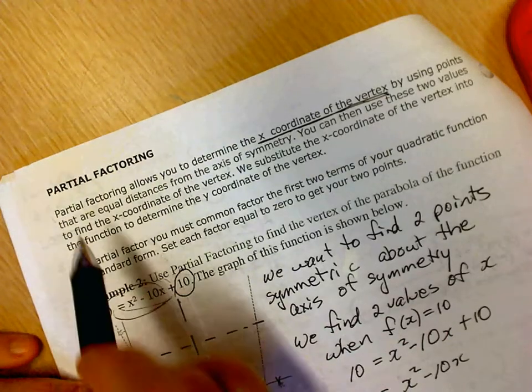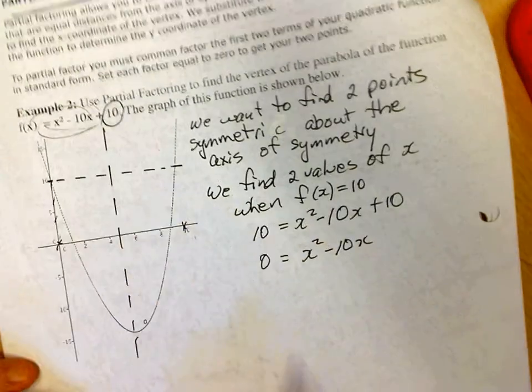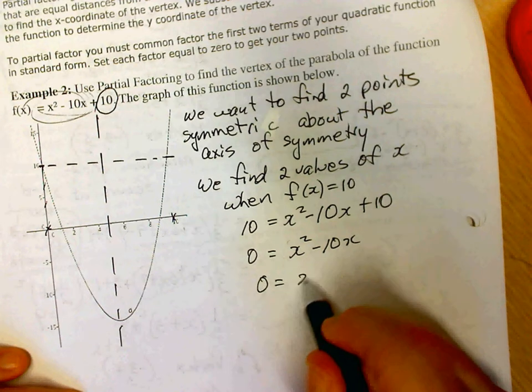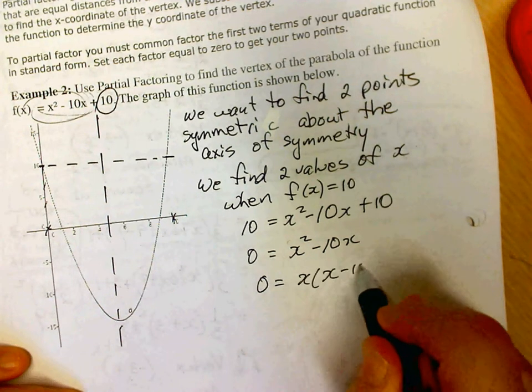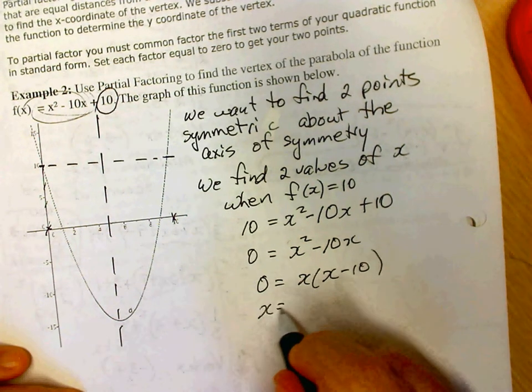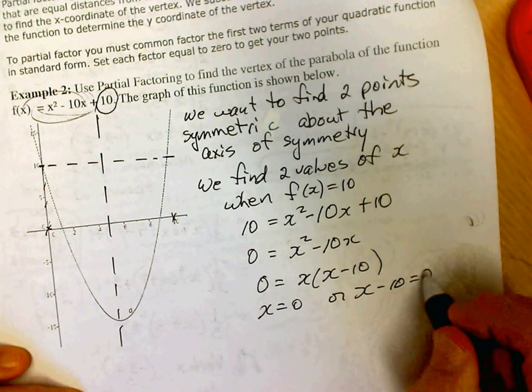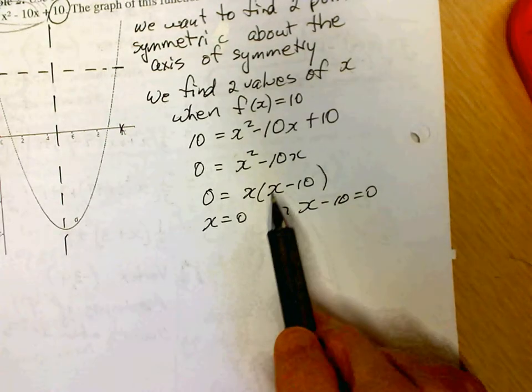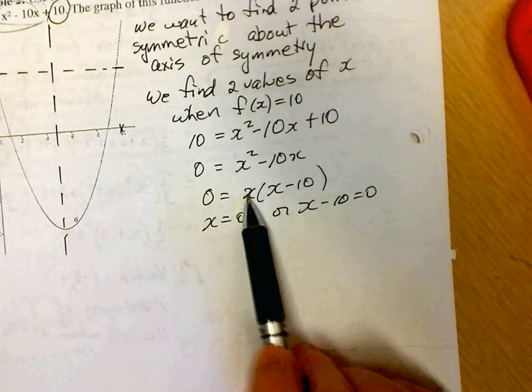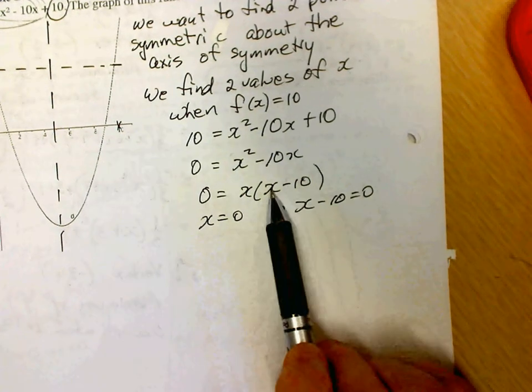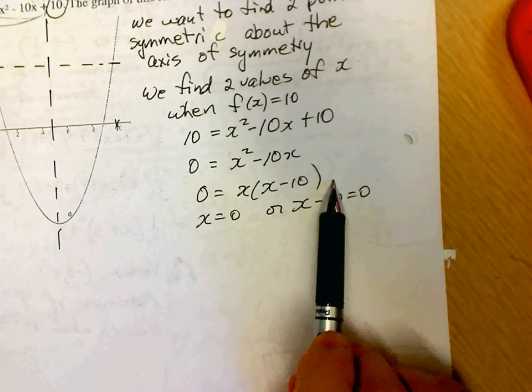So 0 equals x times x minus 10. x equals 0 or x minus 10 equals 0, right? You're using the zero product property. If x is 0, this is 0. If x is 10, this is 0. In this case, x equals 10, right?